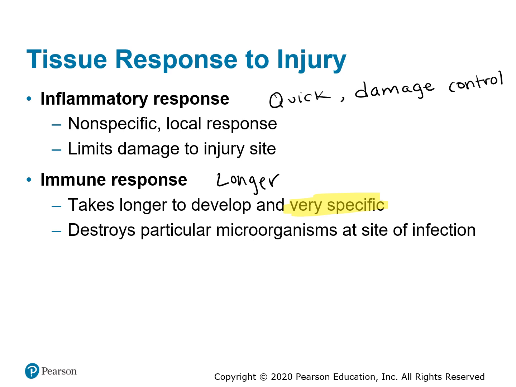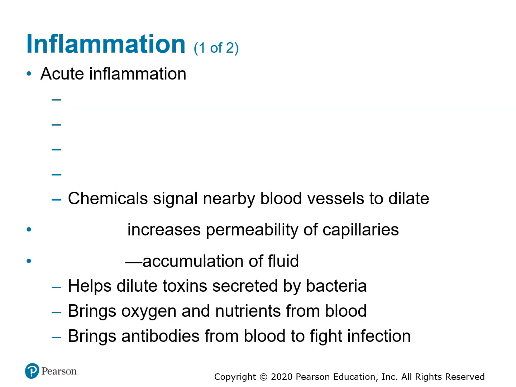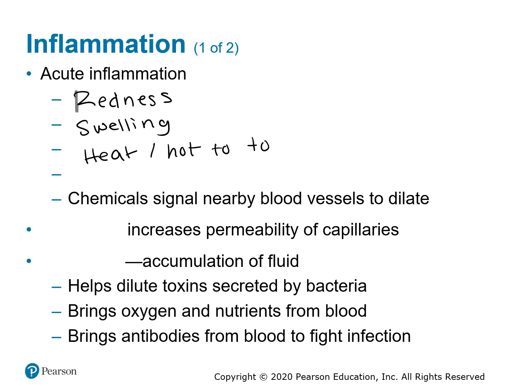So we've all fallen down or hurt ourselves. When you hurt yourself, what are some of the symptoms that show up? We get things like redness, swelling, hot. What's one more symptom? Pain.